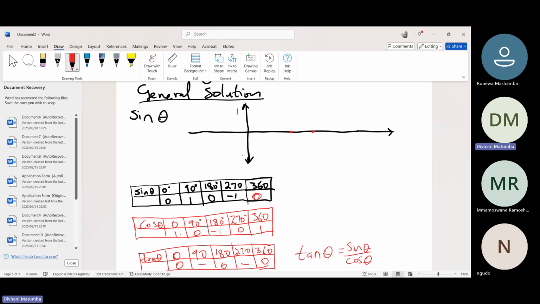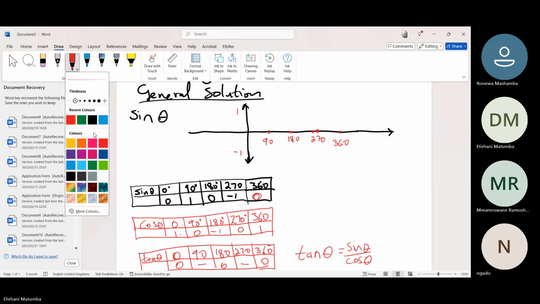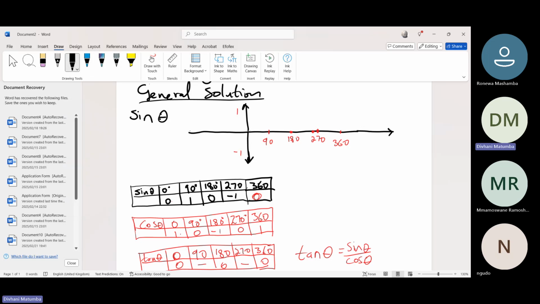Now I'm going to start drawing the graphs. That will be 1 and that will be minus 1. So if this is 180, 360, 90, 270, we are going to have, okay, the first graph, which is the sine, is going to look like this.